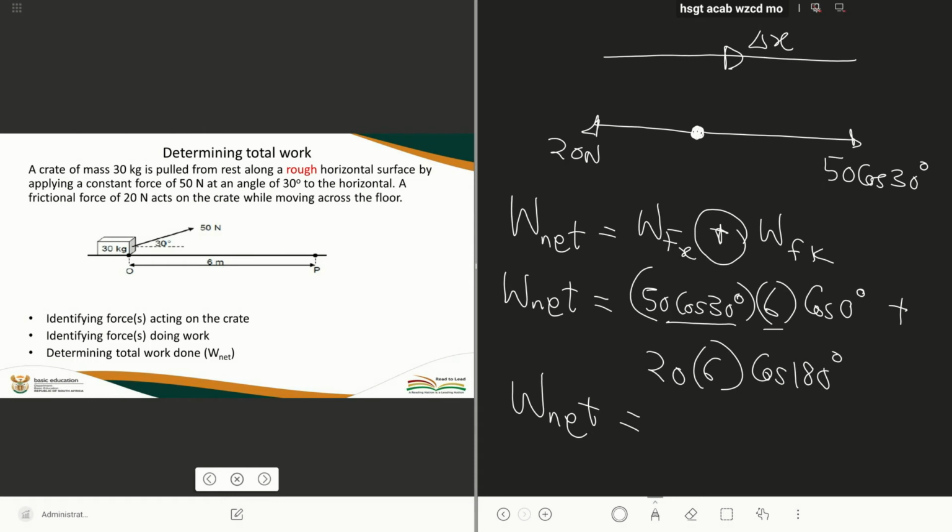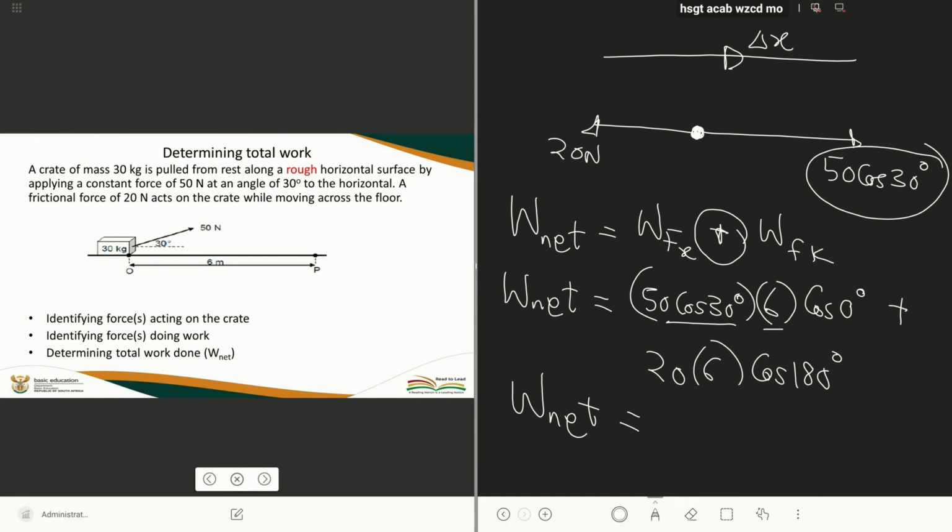Then from our calculator, we are able to determine the value. So first of all, let's simplify that 50 cos 30 degrees, which is our Fx, right? If you go to your calculator, it says 50 cosine of 30. It gives us 43,3, that's the horizontal component, multiplied by 6 multiplied by positive 1, okay?